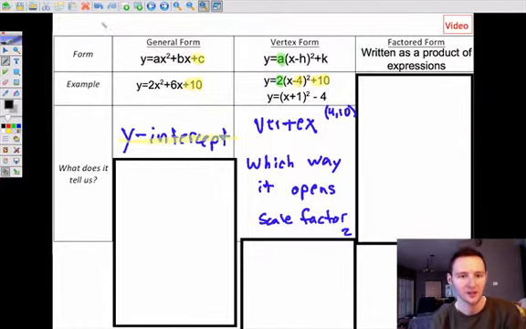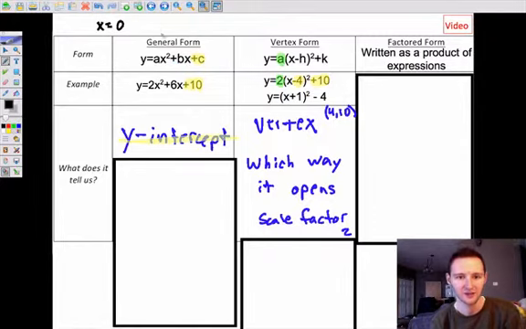A y-intercept always has an x value of 0, right? You've known that for a while now. If I take a 0 and plug it in for x, you get a times 0 plus b times 0 plus c.